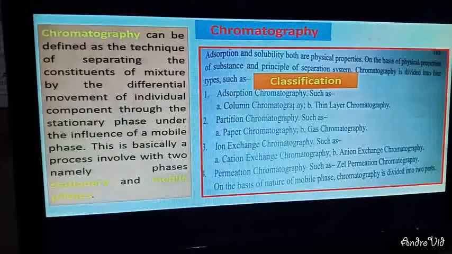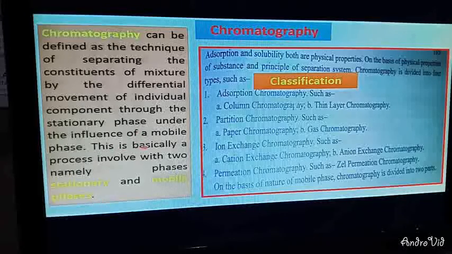So dear student, now about chromatography. Chromatography is a very important separation technique. Chromatography can be defined as the technique of separating the constituents of a mixture by the differential movement of individual components through the stationary phase under the influence of a mobile phase.